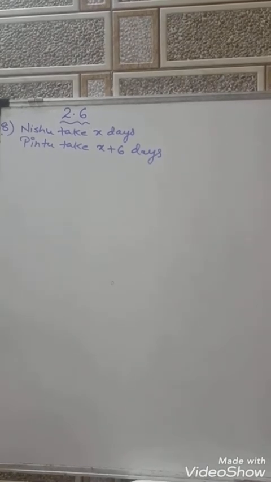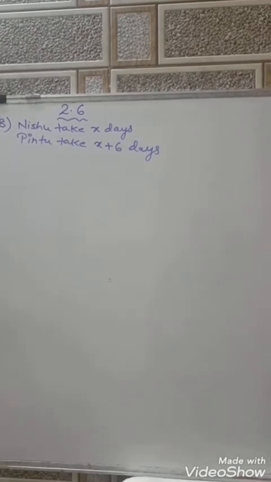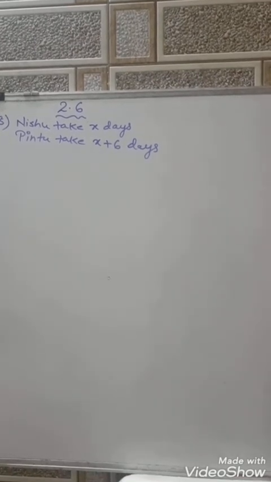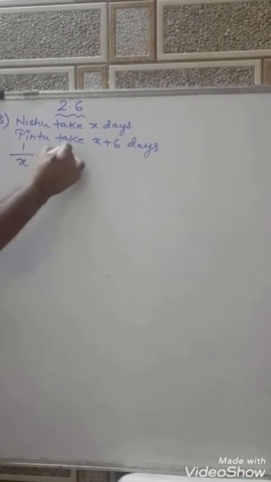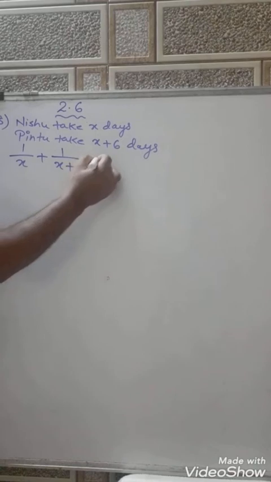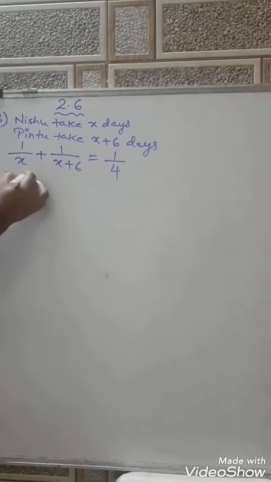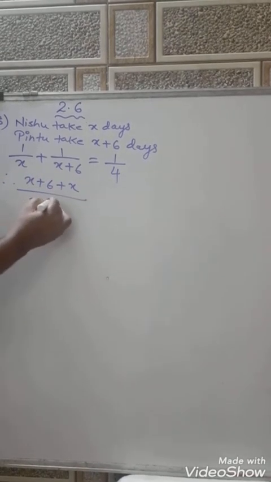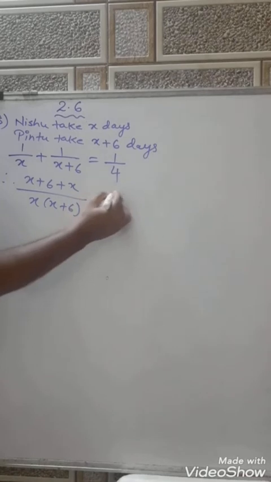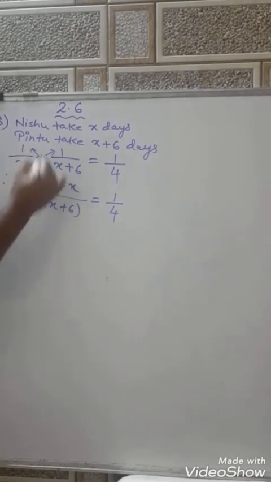The total days given here is 4 days. So 1 upon x plus 1 upon x plus 6 equals 1 upon 4. With the cross multiplication, x plus 6 plus x, the whole upon x into x plus 6, equals 1 upon 4. This way we do the cross multiplication.